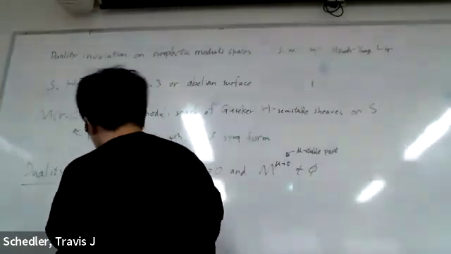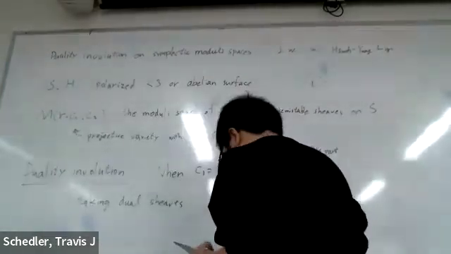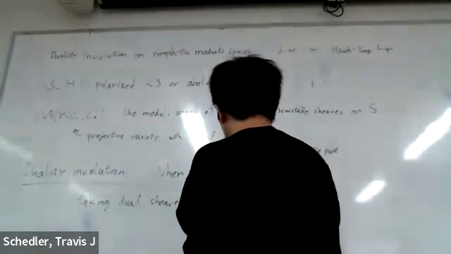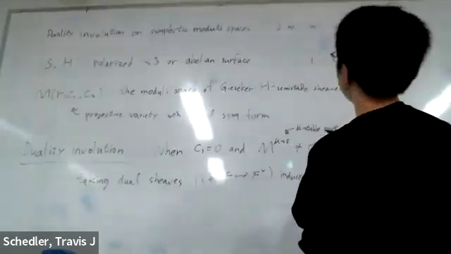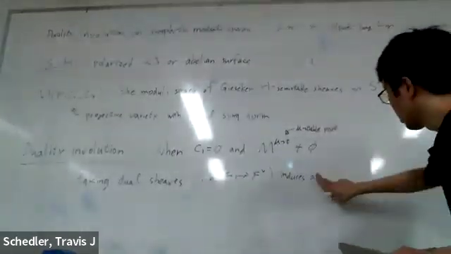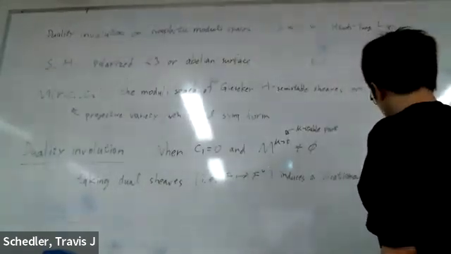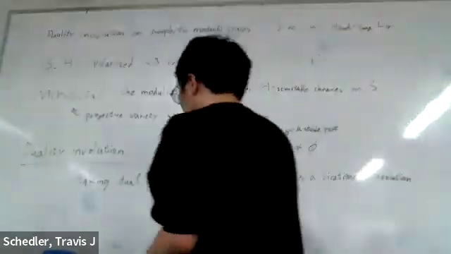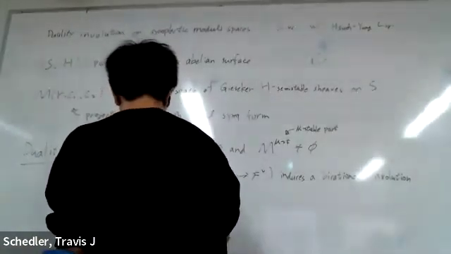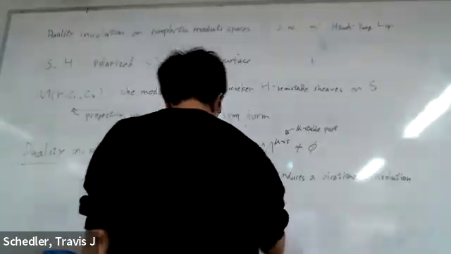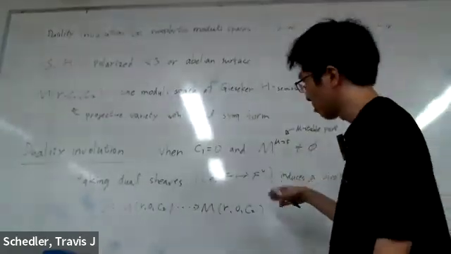This is just given by taking the dual of the sheaf. This is just a birational map, not defined everywhere on the moduli space.